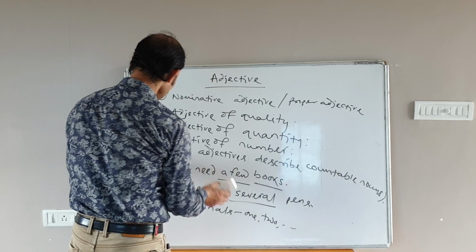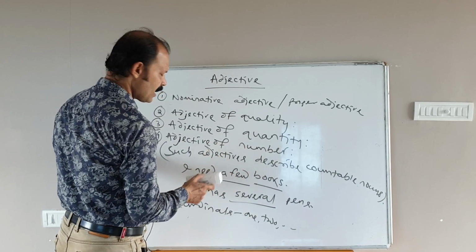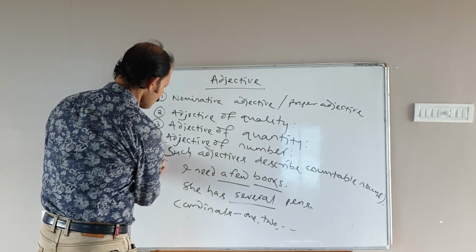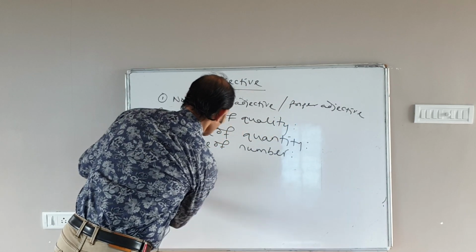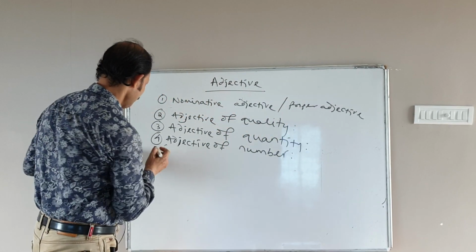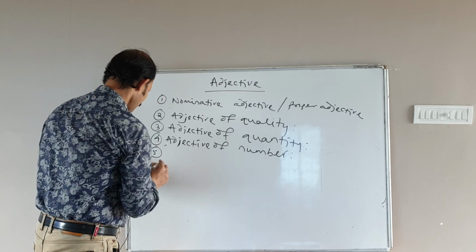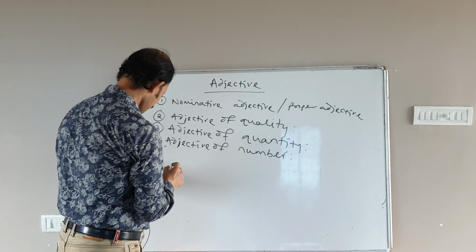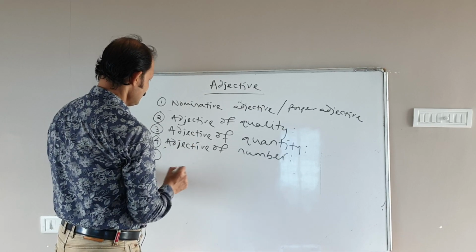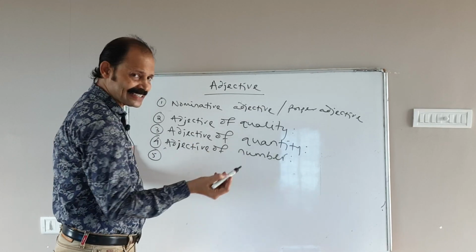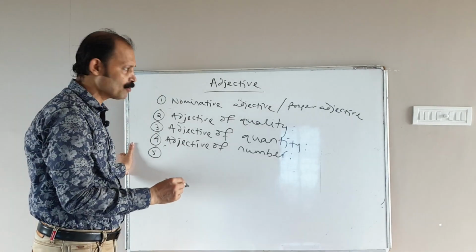Now we have to discuss adjective of number. I am telling you, suppose one is adjective of number, one may also be a pronoun. How?